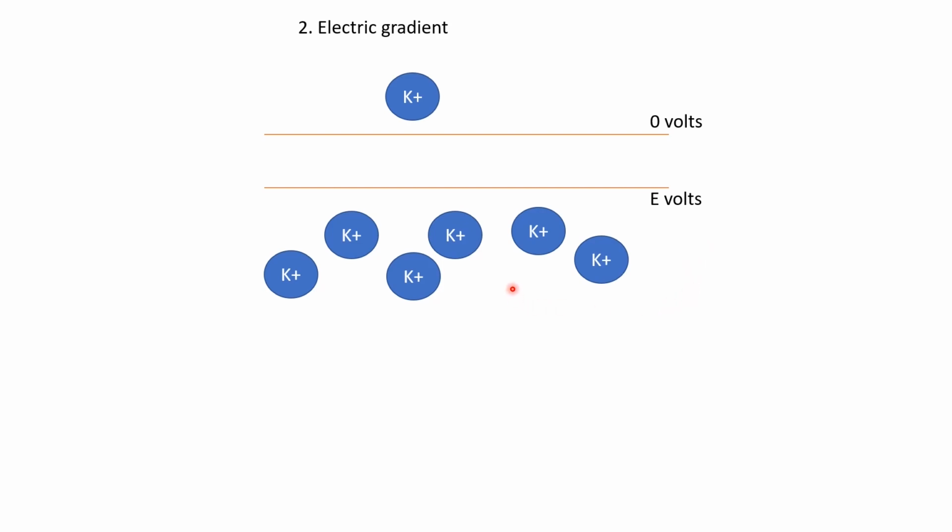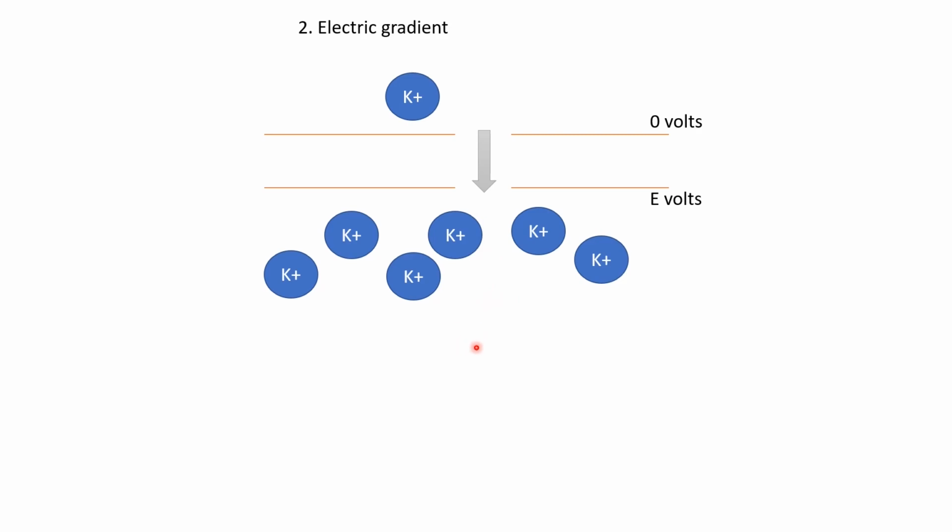And because potassium ions are positively charged, they will be attracted towards the negative potential. So although the concentration gradient was driving the potassium ions from inside to outside, the electrical gradient will try to bring the potassium ions inside. If we open an ion channel that allows potassium ions to flow, then according to the electrical gradient, the potassium ions would like to move in, and this movement towards inside would be energetically favorable.